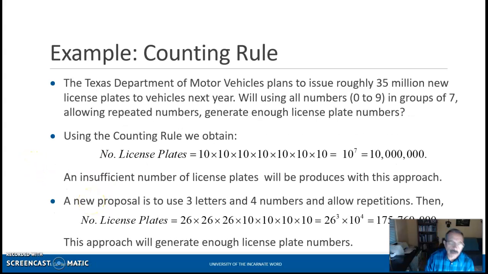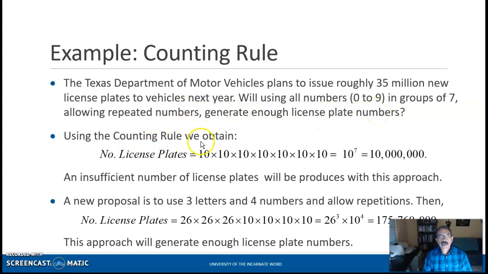All right, let's go back to the example of issuing license plates in Texas. Again, the Texas Department of Motor Vehicles wants to issue roughly 35 million new license plates to vehicles next year. Using the numbers 0 to 9 in groups of 7, will that produce enough license plate numbers?